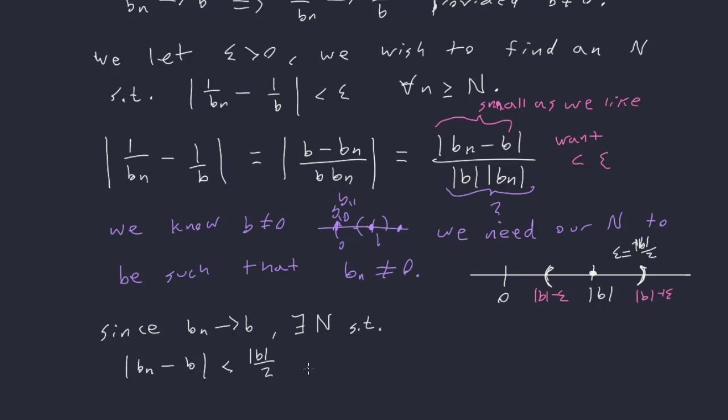Okay, so in other words, for all little n greater than this big N, all of my terms should be in here, and that should make them positive if I'm looking at the absolute values.